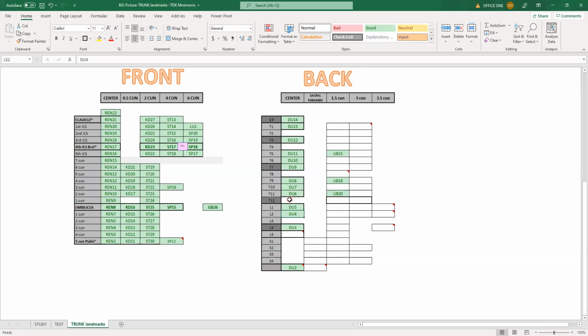Then we skip 1, then we count 3 more, we skip 1, 3 more, skip 1, and 2. So just memorize that. Or the other way to memorize them is at the level of the back shu points. And that's very helpful also with the indications and the functions of these points because they share most of the main indications of the back shu points.